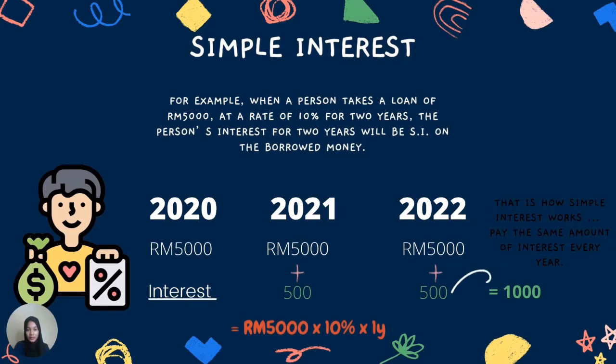If the bank charges you simple interest, then for the first year of the loan, you need to add 10% of the amount to the 5,000, which is called interest, 500, and for the second year, plus another 10% of the principal, which is 500 again. So the total interest for the 2 years of your loan is 1,000. Every year you just add 500. That is how simple interest works: you pay the same amount of interest every year.